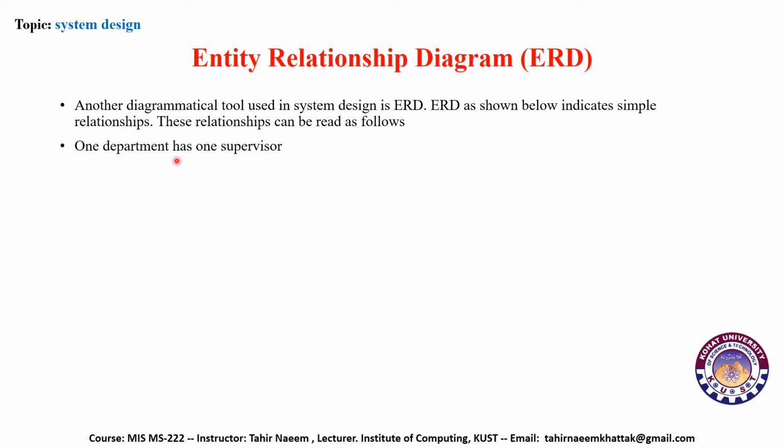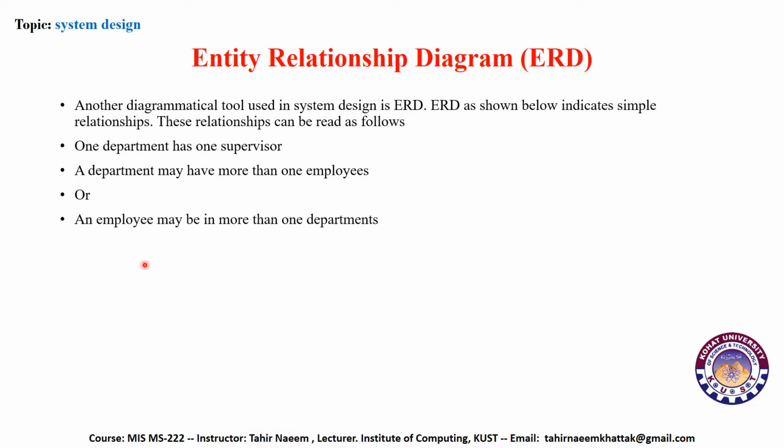For every department, there may be one supervisor who belongs to a specific department, or a department may have more than one employee. In an organization a specific department has more than one employee, or an employee may be in more than one department.